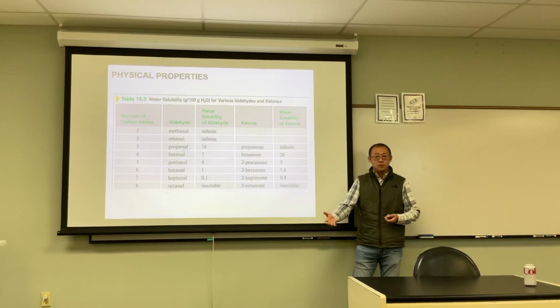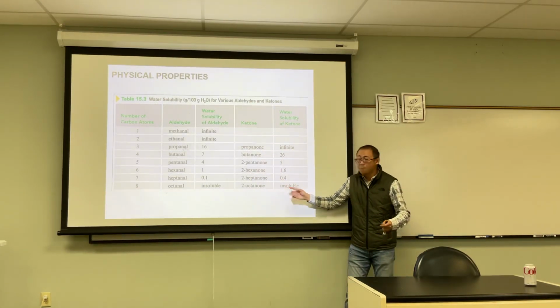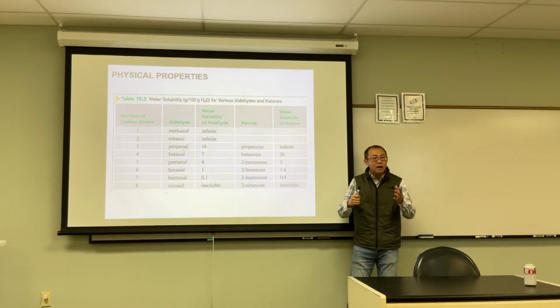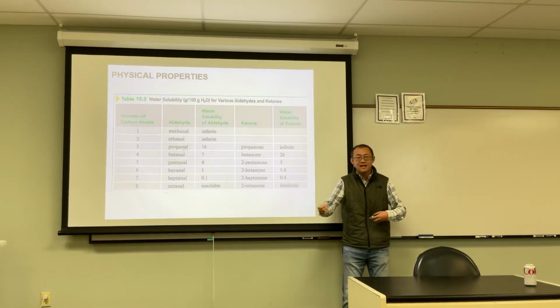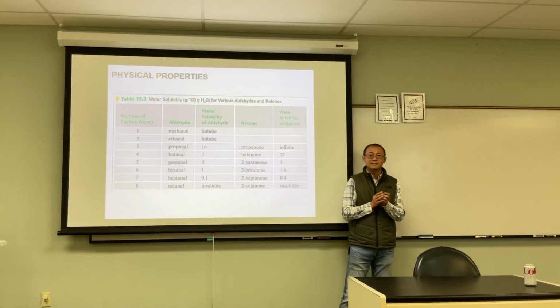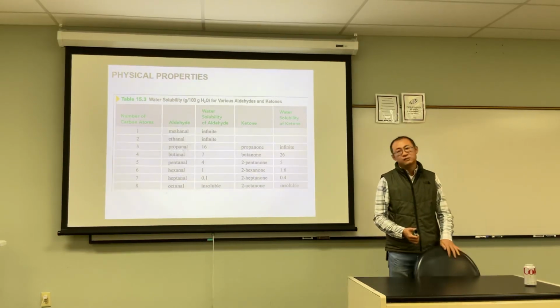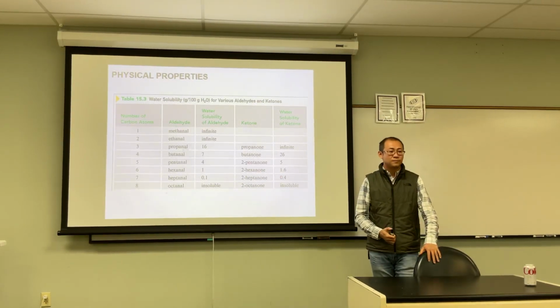What does it tell you? When the molecule gets bigger and bigger, it becomes more and more like what? Hydrocarbons. Less and less like what? Aldehydes or ketones. Does it make sense, guys? Okay, those are all we need to know about the physical properties.